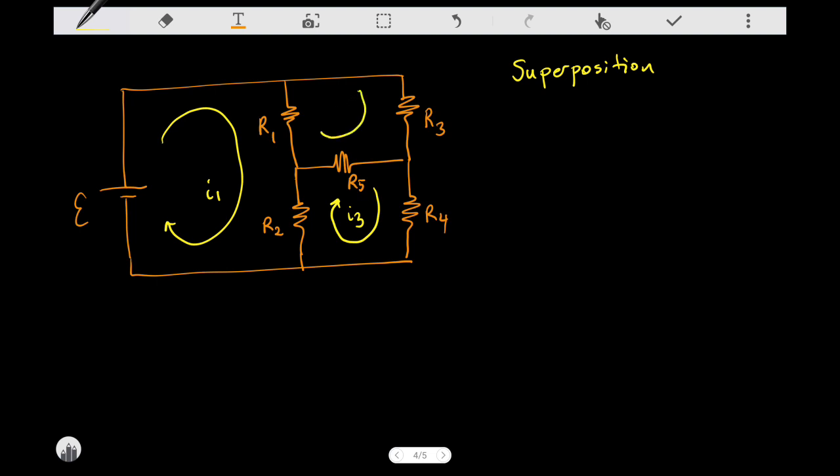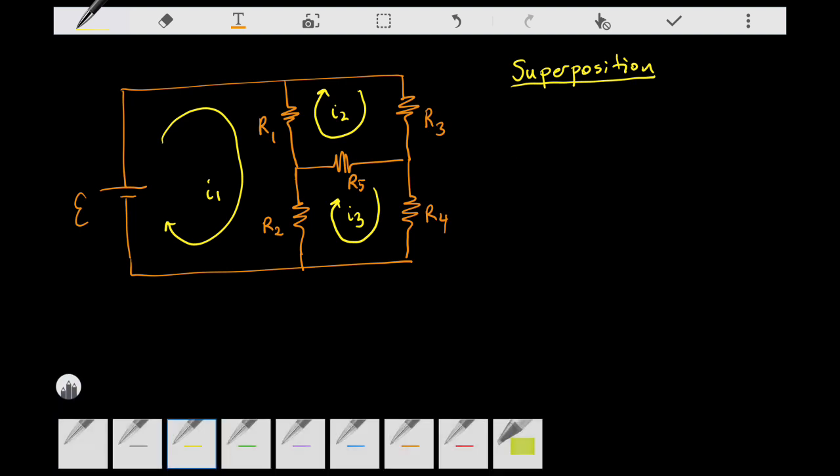And not only that, there is also a current I2 flowing in here. All right? So if I consider all of them together, for each branch, I'm going to add the currents that each particular distribution tells me. And in that case, I'm going to get a current assignment that will satisfy the junction rule.